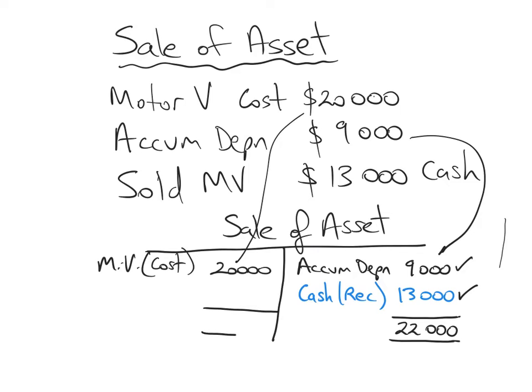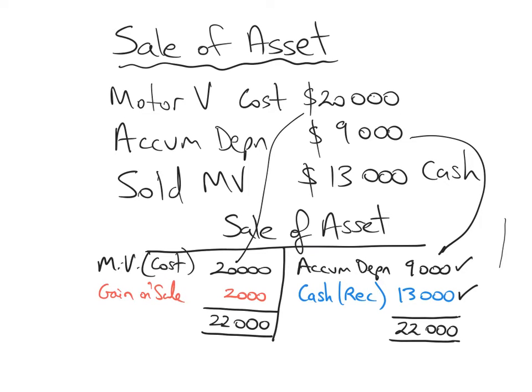It cost us $20,000 to buy, so we found that we've actually made a $2,000 gain on sale of asset. So when we've done that, both sides of that account actually balance or they equal off.